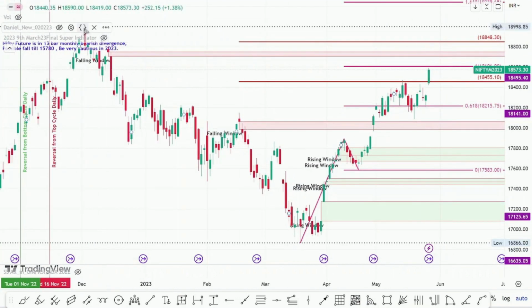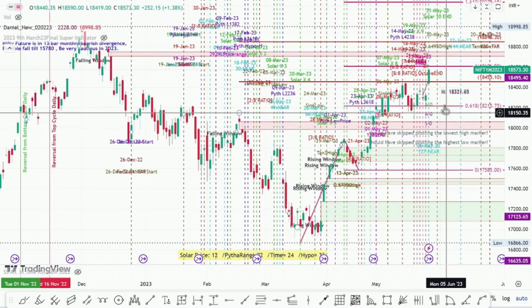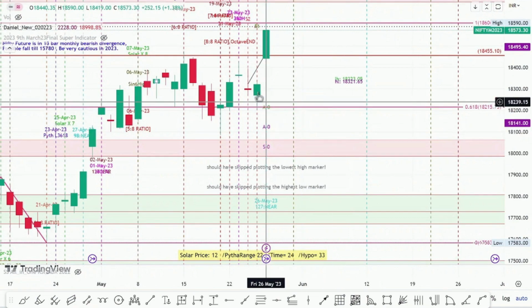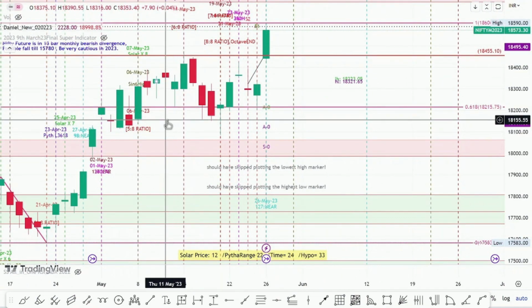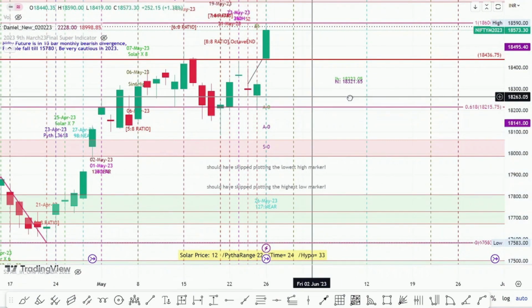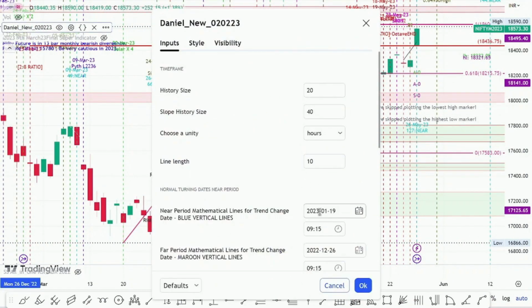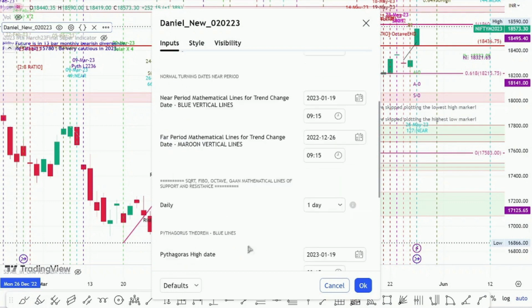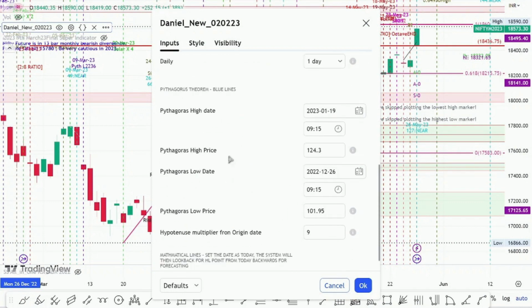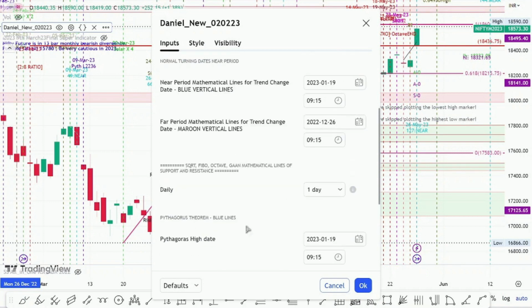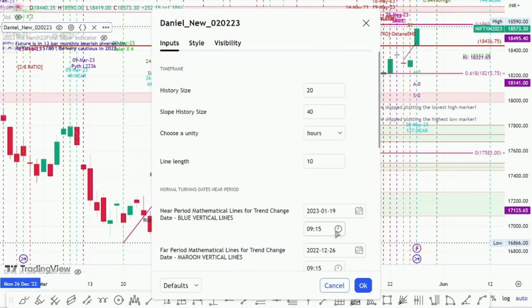Now let me also show you our setup. This automatic setup forecasts the dates when the Nifty is likely to change. The methodology is very simple. Once we have the history, we take the high and low of a date and apply the Pythagoras theorem and other trigonometric rules that Gann has told.